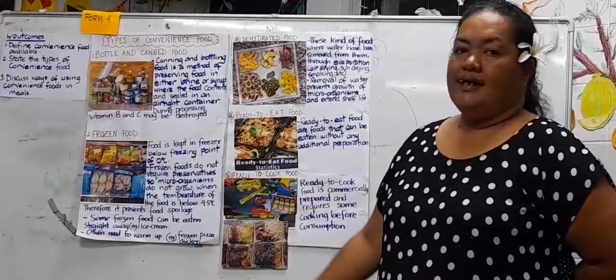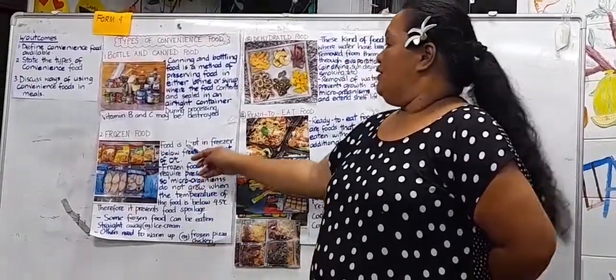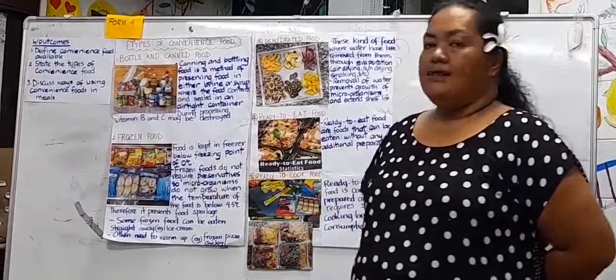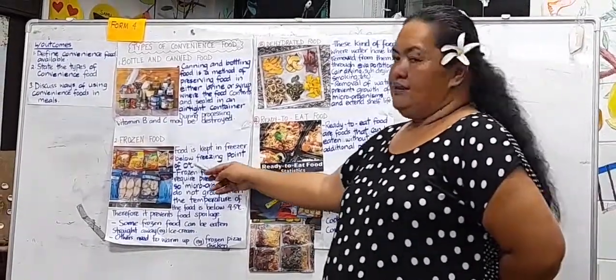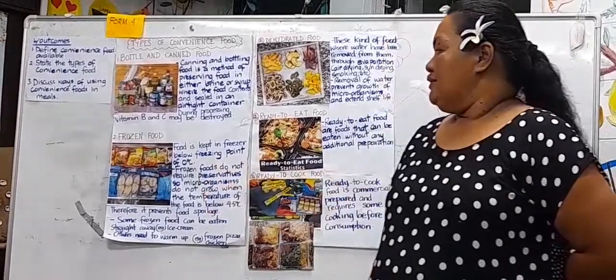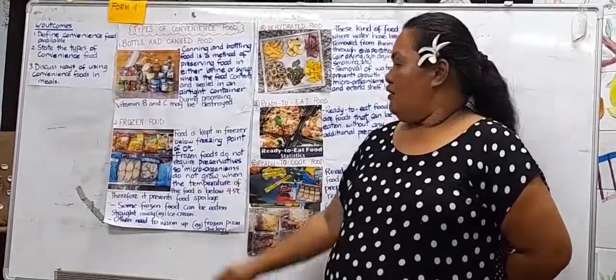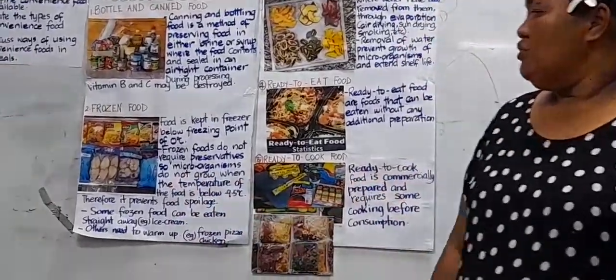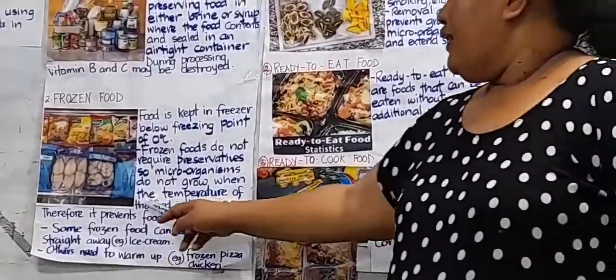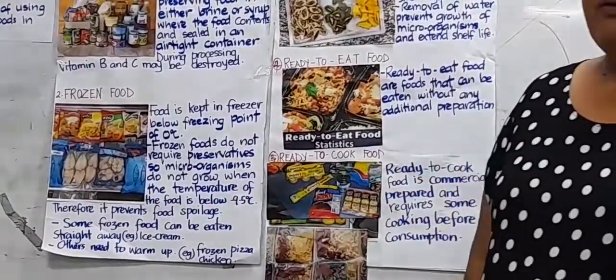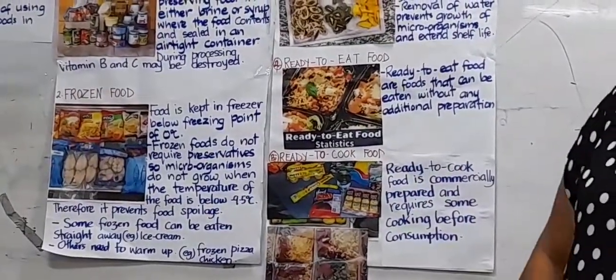Okay, the second one, frozen food. Food is kept in a freezer below the freezing point of 0 degrees Celsius. Frozen food does not require preservatives, because microorganisms do not grow when the temperature of the food is below negative 9.5 degrees Celsius.